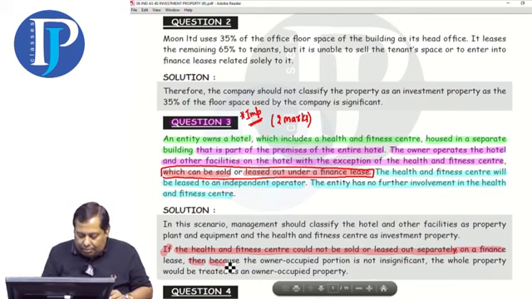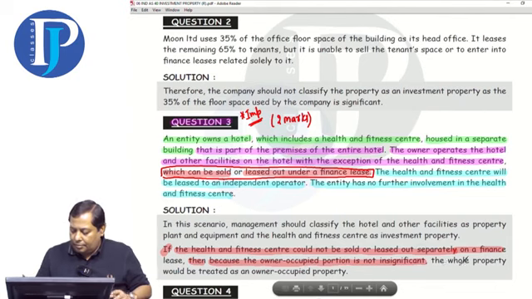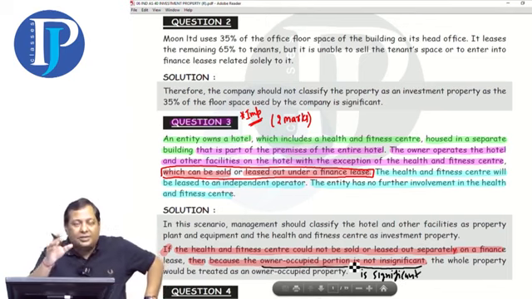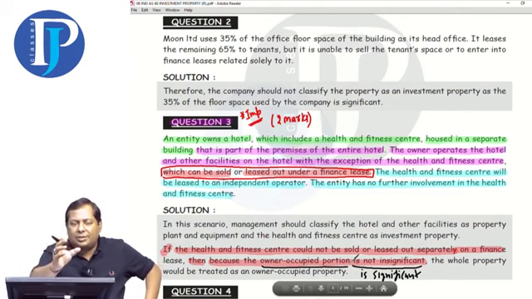So, because the owner-occupied portion is not insignificant, it's significant. This owner-occupied property is significant, because the gym is in a small part and the business is in the larger part.